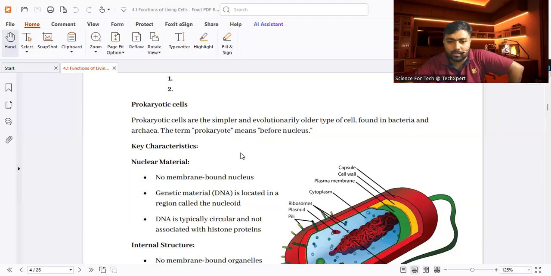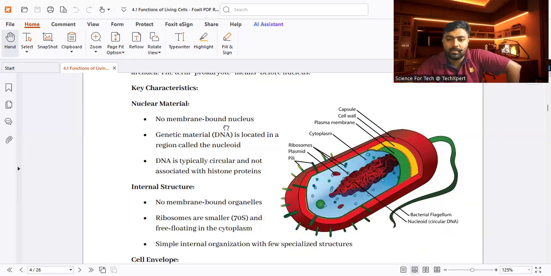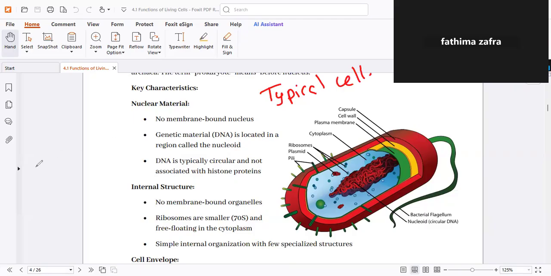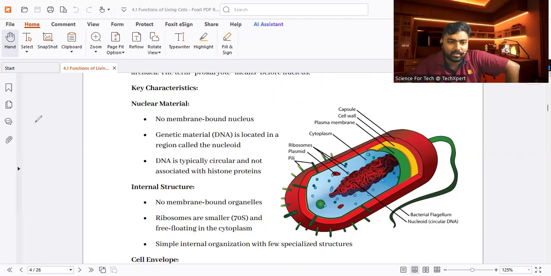Do you know the meaning of typical cell? Sir, I can't remember it. Actually, a typical cell is a kind of imaginary cell. That means this typical cell has all the organelles and all the components we have to learn.